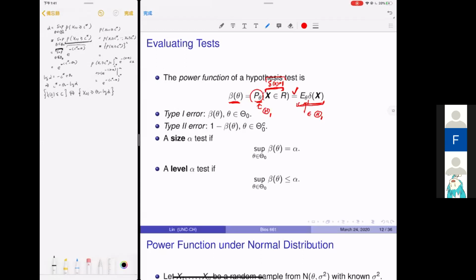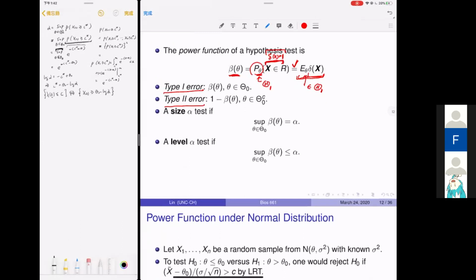You do know the type 1 error probability and the type 2 error probability. I do want to talk about two tests. One test is called a size alpha test. The other is called a level alpha test. It'll be confusing, trust me, but that's how we define it. The difference is that for a size alpha test the probability is exactly equal to alpha.